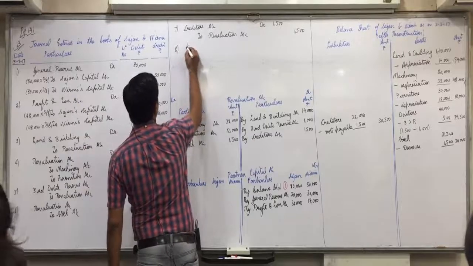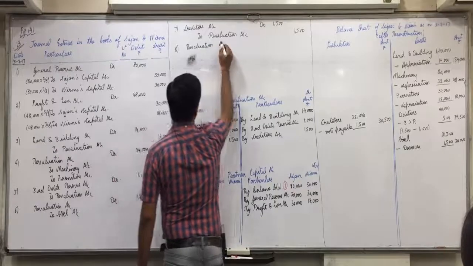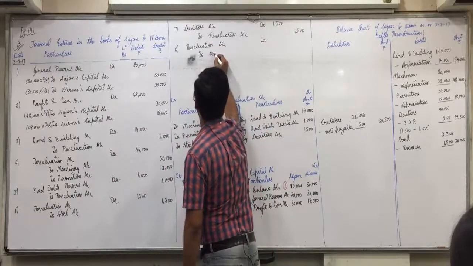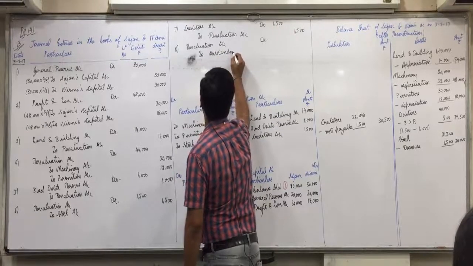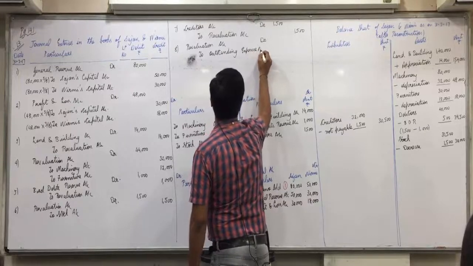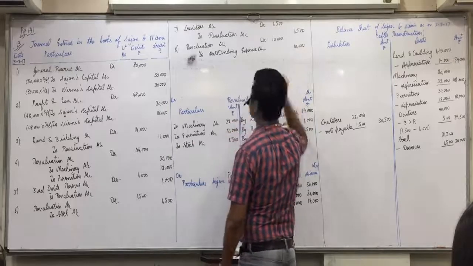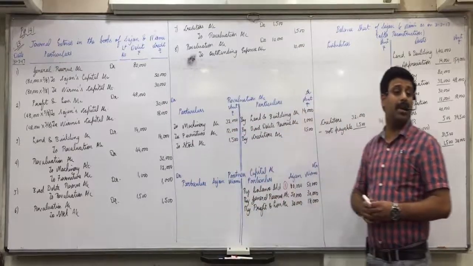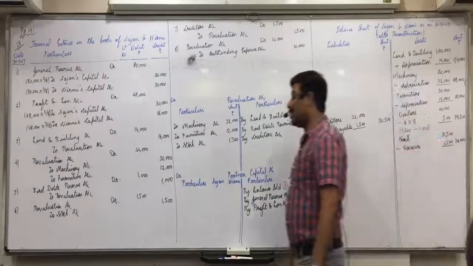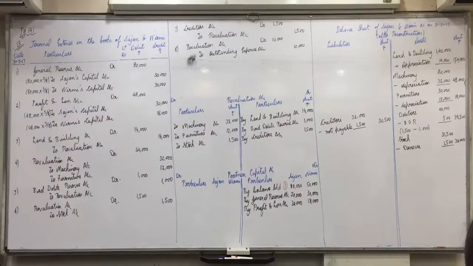So write down revaluation account debit to outstanding expense account 10,000. Being outstanding expense unrecorded.